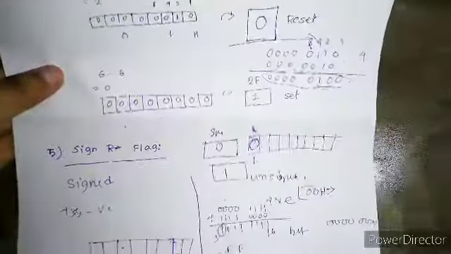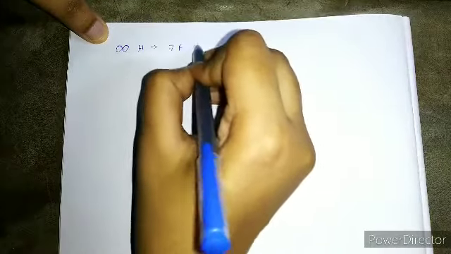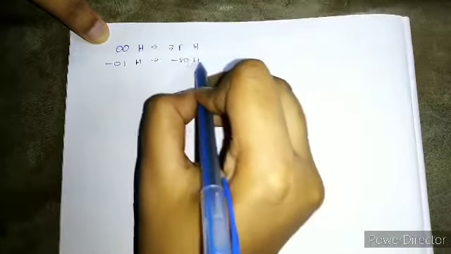These are hexadecimal numbers, right? So what does the sign flag do? It simply copies the MSB. So it depends on which range or which number you are giving. Again remember, the positive numbers are 00H to 7FH and the negative numbers are minus 01H to minus 80H.